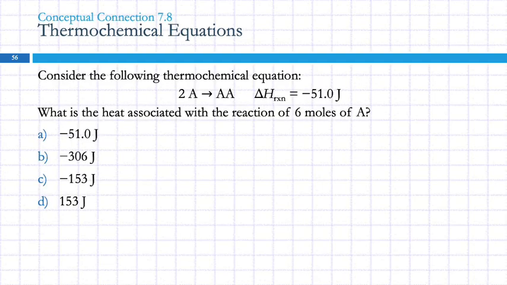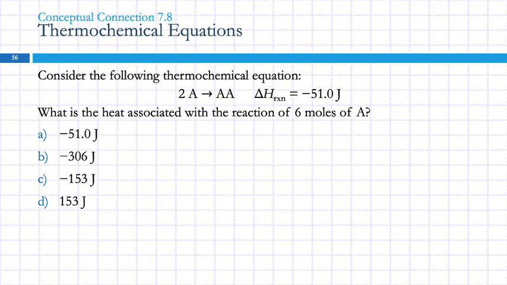So we're going to look at this kind of generic equation here. We have 2 moles of A forming 1 mole of AA. And the heat of reaction is negative 51 joules. So what is the heat associated with the reaction of 6 moles of A? Well, how much bigger is 6 than 2?